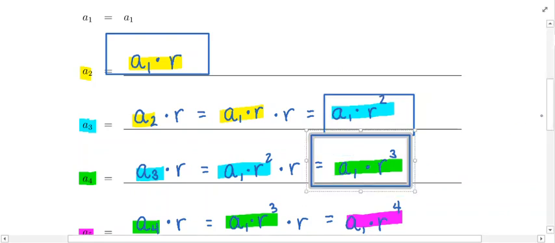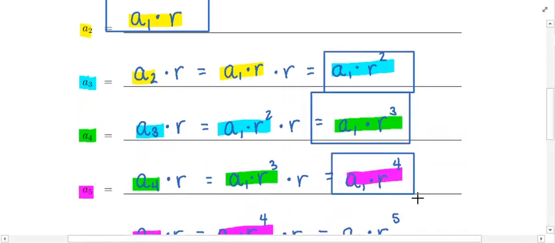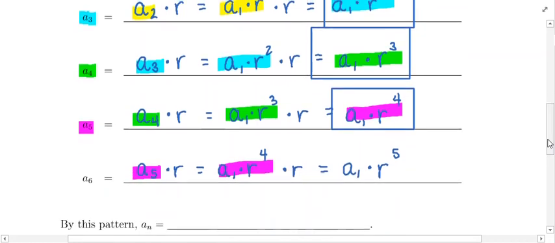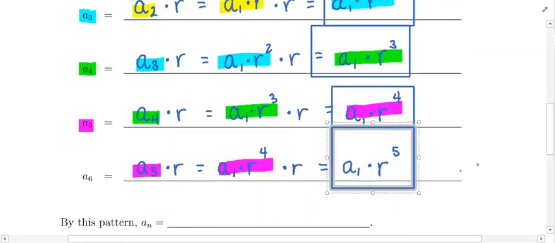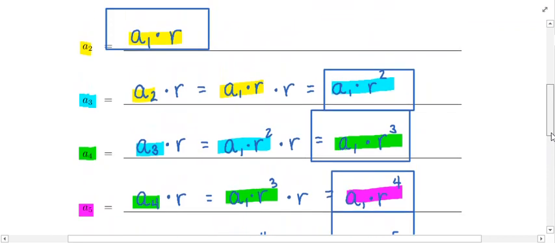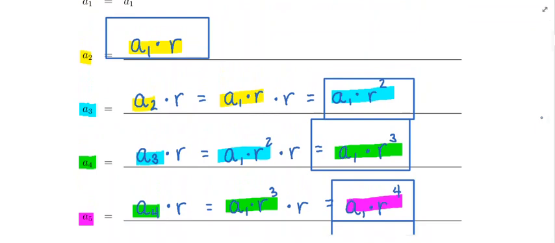Each of these tells you how to get the specific term using the A1 value and the R value. Notice each of these terms involves A1. To get a certain term, we're multiplying A1 by some power of R. But what is the power of R?